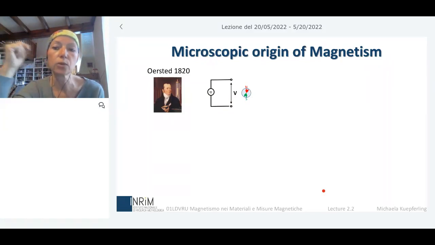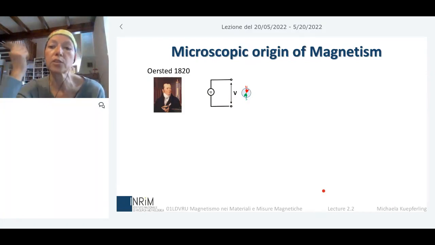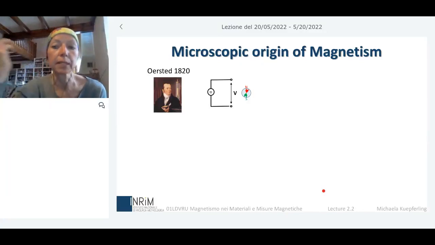So it was understood that the compass somehow was disturbed by the lightning. And since lightning was already known to be related to electricity, Ørsted thought, of course, there must be a connection between an electric field and a magnetic field. So if I bring a compass close to an electric field, indicated here by a voltage source, then the compass somehow should move.